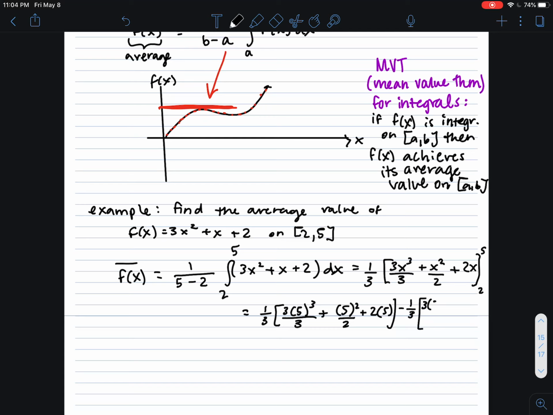And it's going to be 1/3 times 3 times 2 cubed over 3 plus 2 squared over 2 plus 2 times 2, which is the same as 2 squared. We're going to have 1/3 times, our 3's cancel, we get 125 from 5 cubed plus 25 over 2 plus 10, minus 1/3 times, our 3's cancel again, we have 2 to the 3rd, which is 8, plus 2 squared over 2 is 2, plus 2 squared is 4.